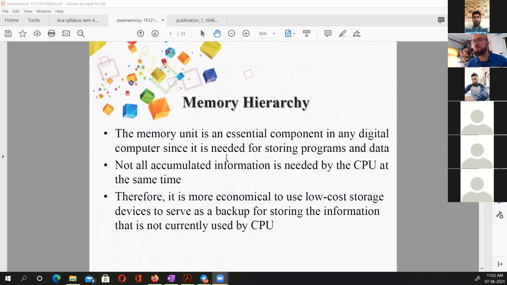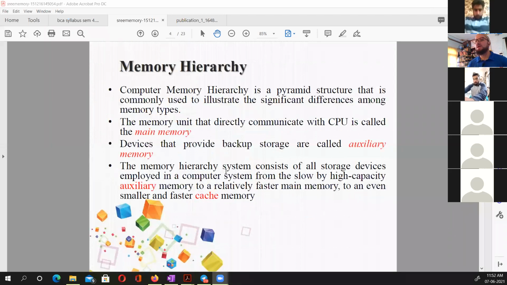We are evolving as a memory hierarchy, and you should know exactly why we are doing the memory hierarchy. Now, in a memory hierarchy, firstly we have the main memory and the auxiliary memory. The hard drives and all come under secondary or auxiliary memory. Your RAM, ROM come in the main memory. We call them main memory, sometimes primary memory.